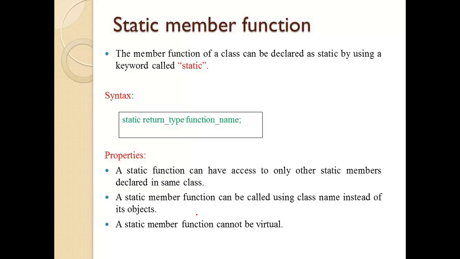Only one copy of that member is created, so all the objects share that data member. Whether it is a static variable or a static member function, it will be called using the class name instead of the object name.